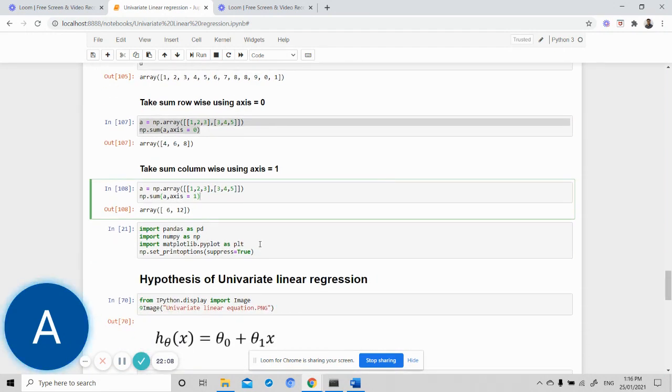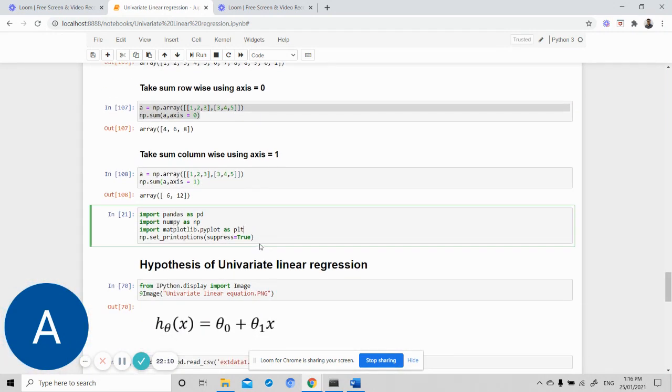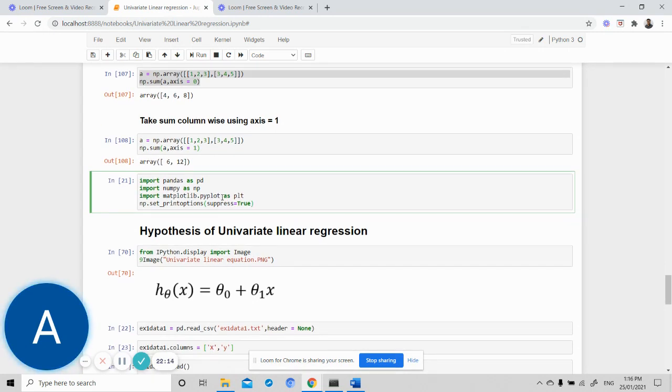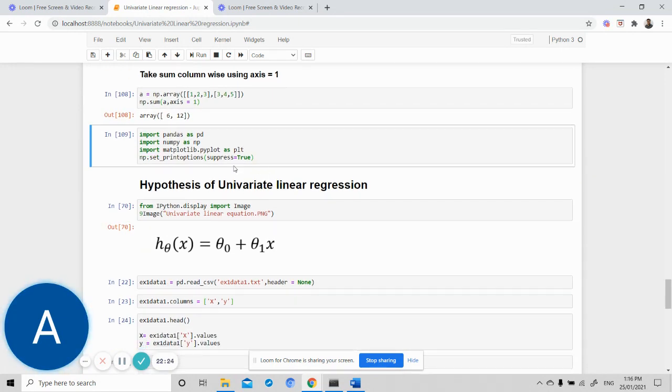Now we have covered a bit of NumPy, basics of NumPy. So let's import all these libraries to start writing our equations for univariate linear regression. Univariate means we have only one feature.